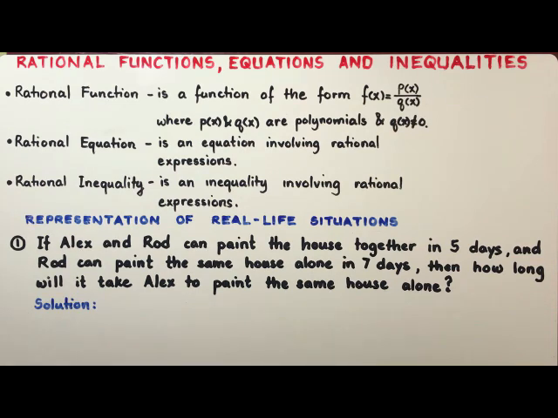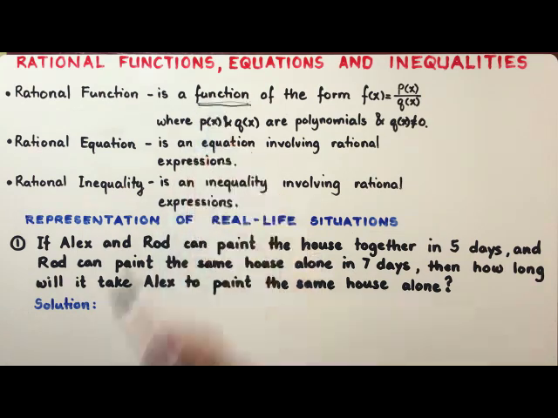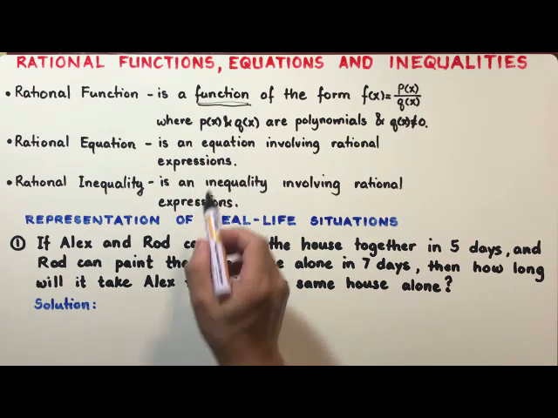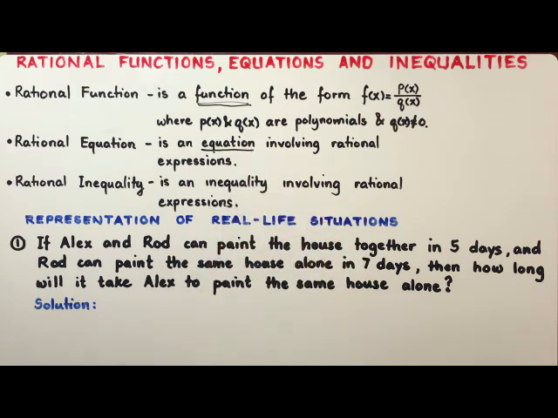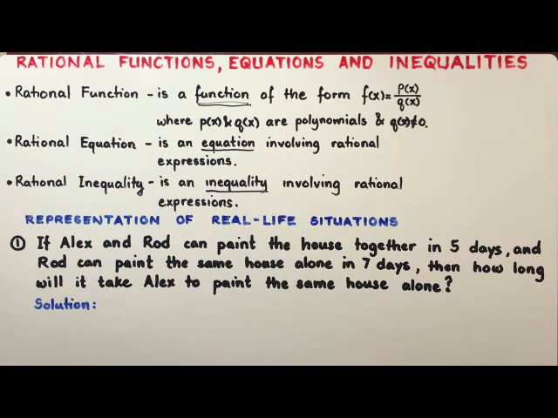The similarity among the three is that all of them involve rational expressions. The only thing is that a rational function is a function, a rational equation is an equation, and a rational inequality is not an equation, not a function, but an inequality. So that's the difference between the three.